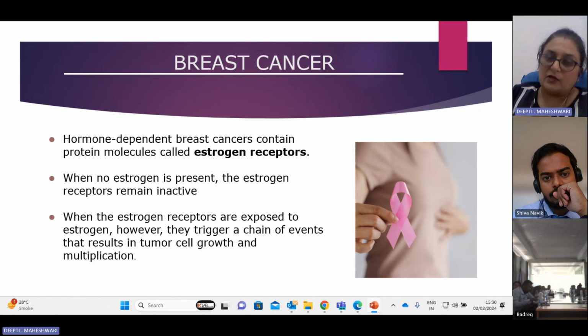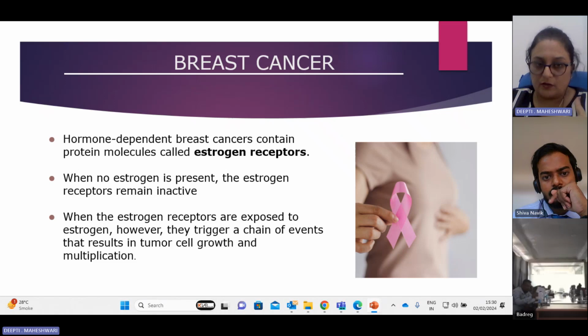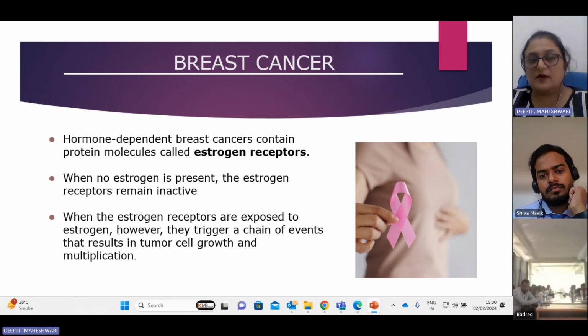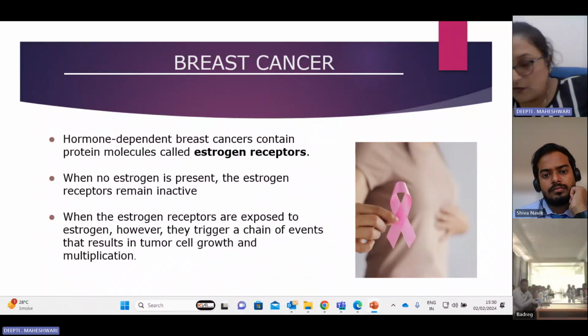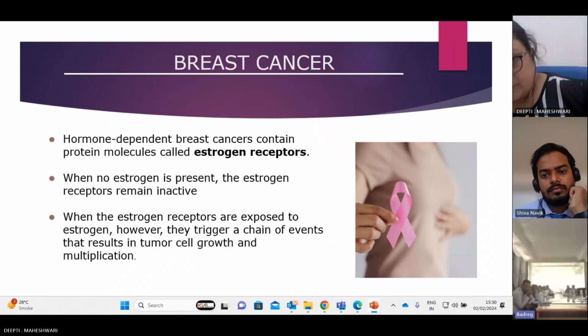So our goal has to be to somehow remove the estrogen from the body, right? Either to block the estrogen, or to make it inactive, or not allow the production of estrogen. All these drugs act in one of these ways, and then they can manage breast cancer. We'll see each one of them.